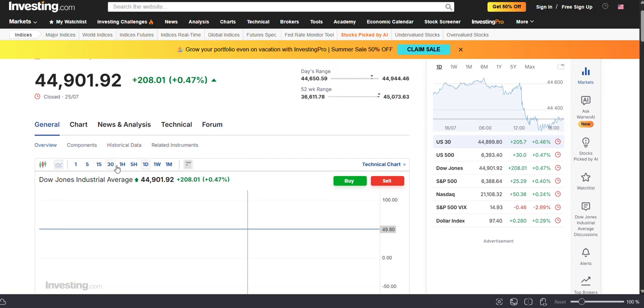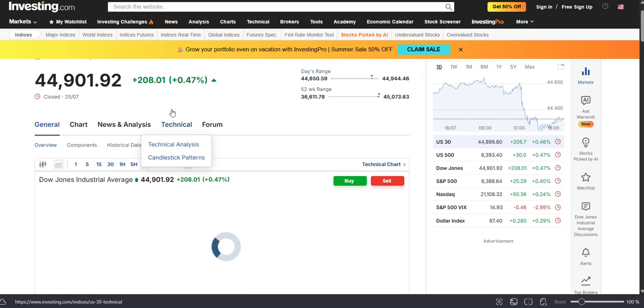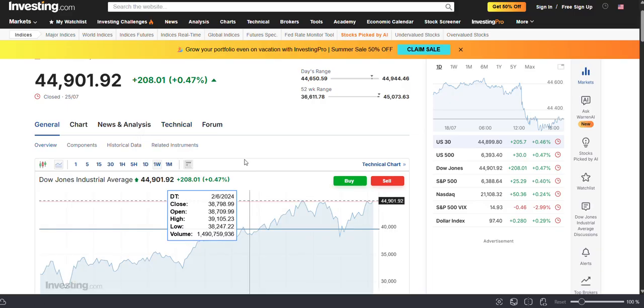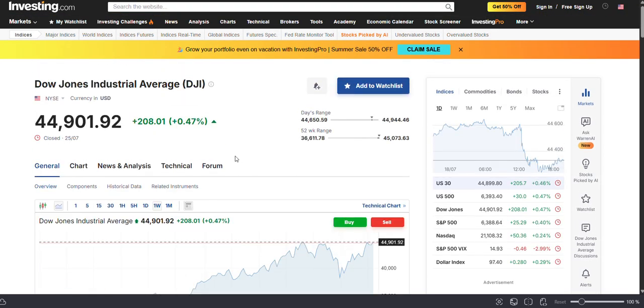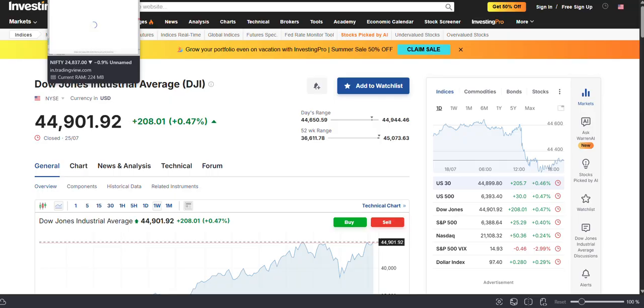Most of the time it is not doing much, but consolidating only, because around 45,000 is the all-time high value in the Dow Jones. It is hovering around the all-time high value only, and there is no panic. So globally there is no issue. It is all only our internal market issues.